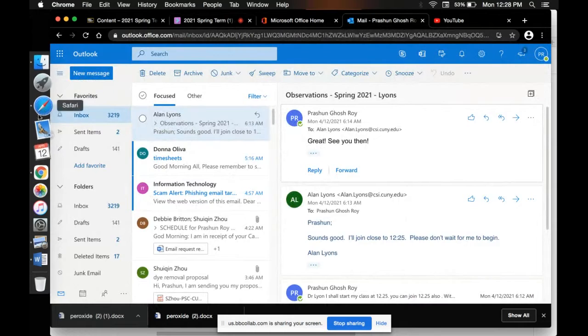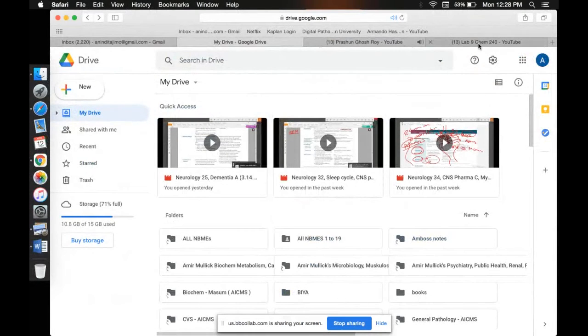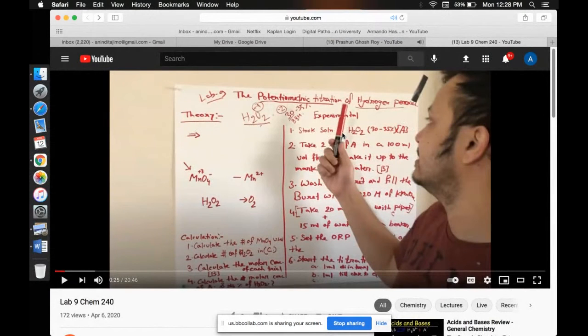So 30 to 35% hydrogen peroxide normally comes, but sometimes you need to know the exact amount of the hydrogen peroxide you are going to use. That's why this lab is designed, so that you know the exact amount of hydrogen peroxide you have, whatever you bought.